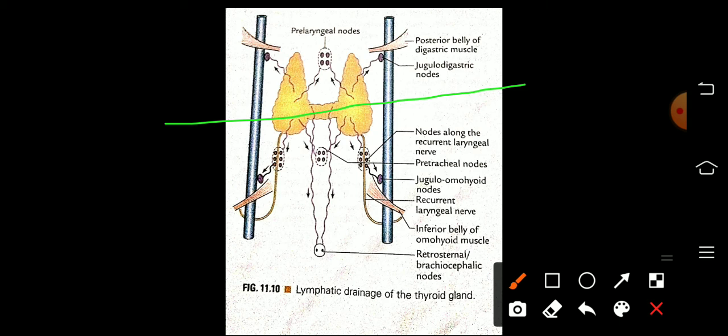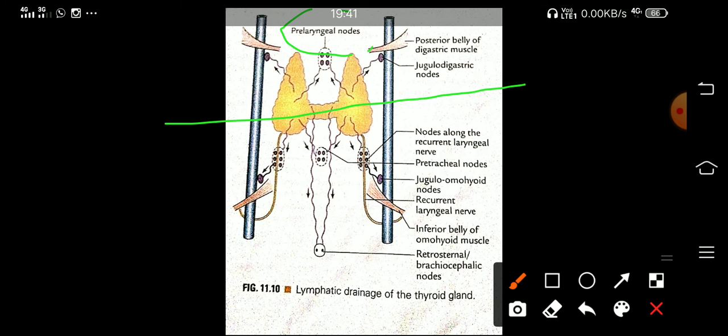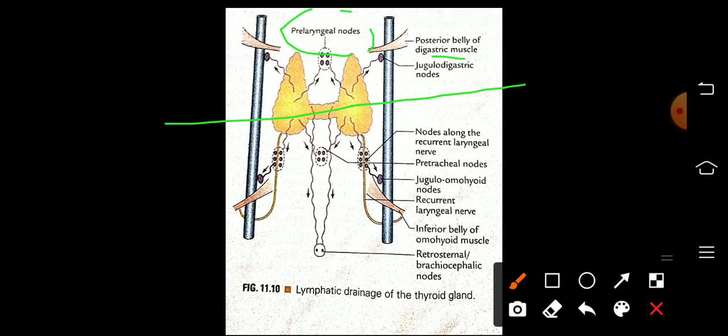Now the lymphatic vessels arising from the apex are draining into the pre-laryngeal lymph nodes and the jugulogastric nodes. And the lymphatic vessels, everything coming from this isthmus part, is getting drained into the retrosternal or brachiocephalic nodes.